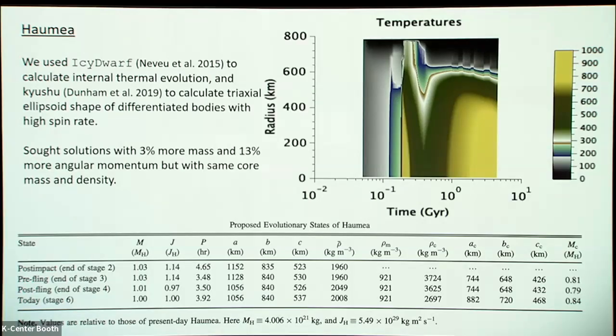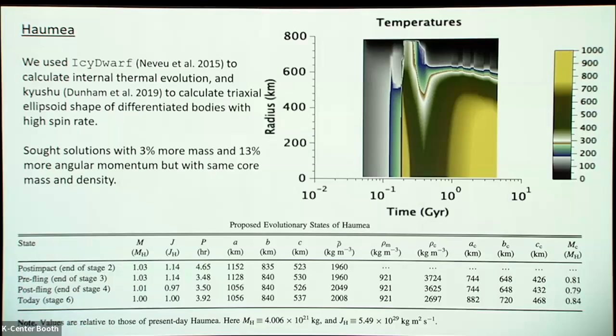And I won't describe the whole parameter study that we did, but we think this is a reasonable solution that we have right after the impact. This was the mass of Haumea in present day units, and its angular momentum, and the spin period, 4.65 hours.